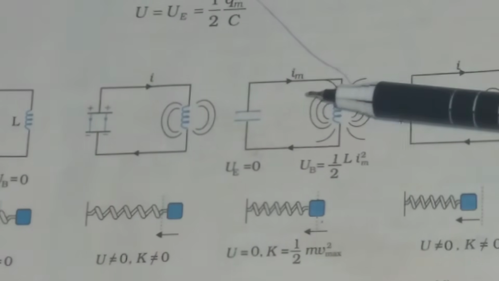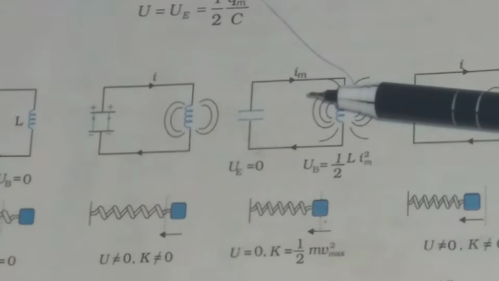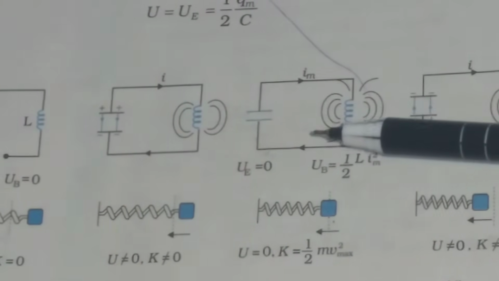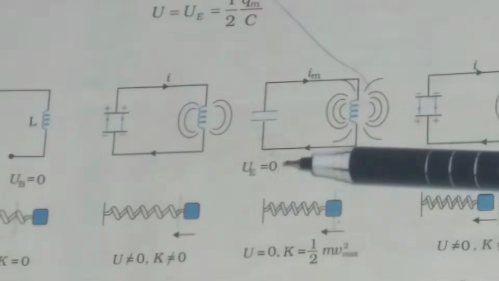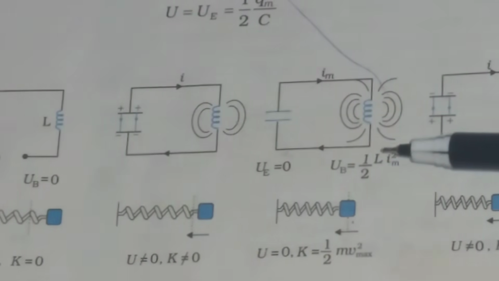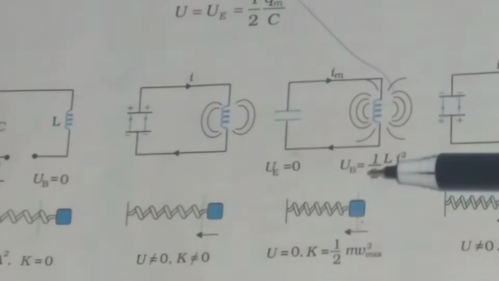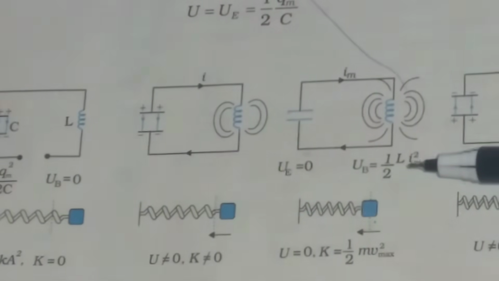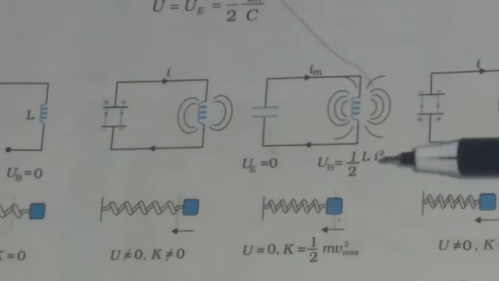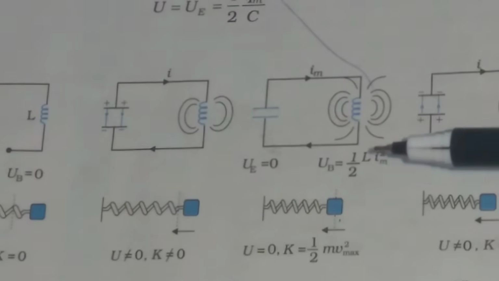Im is the maximum value of current. As the current reaches its maximum value Im, the electrical energy stored in the capacitor, UE, will be equal to 0. But the magnetic energy stored in the inductor, that is UB, will be equal to half L Im square.